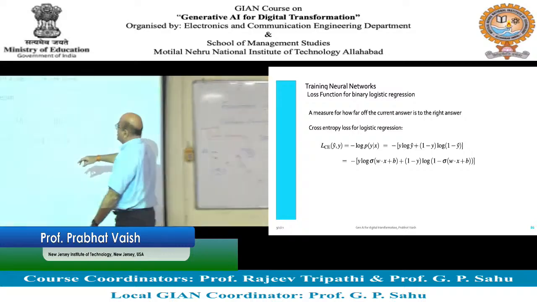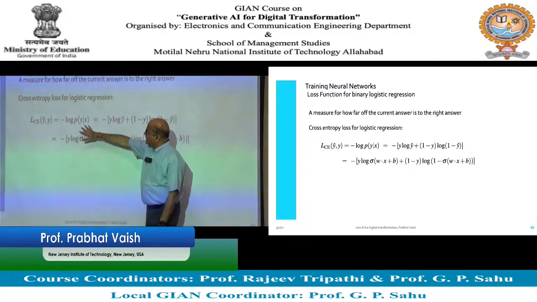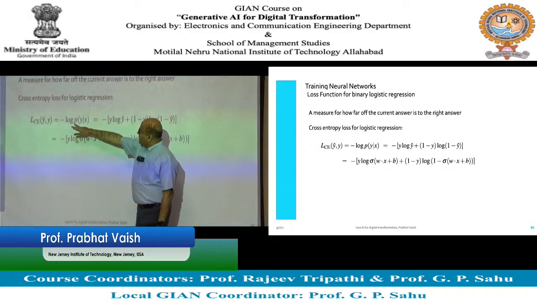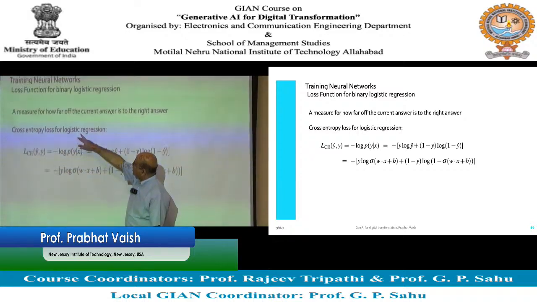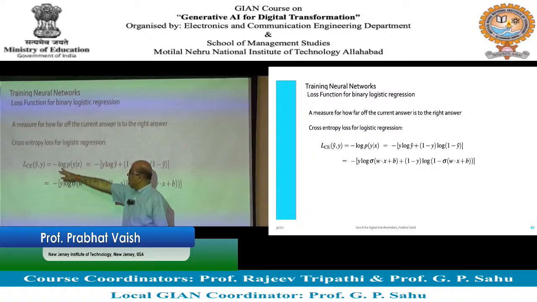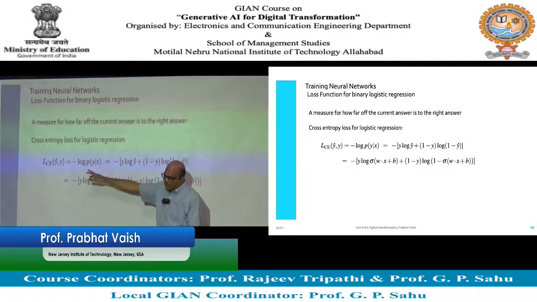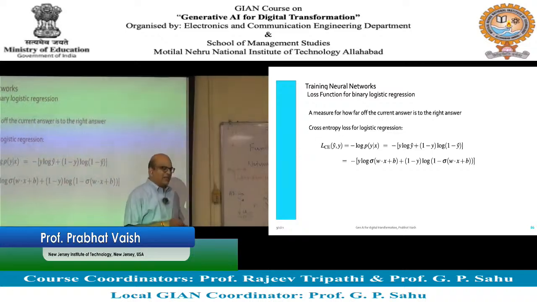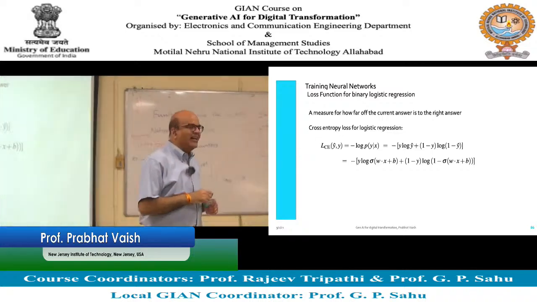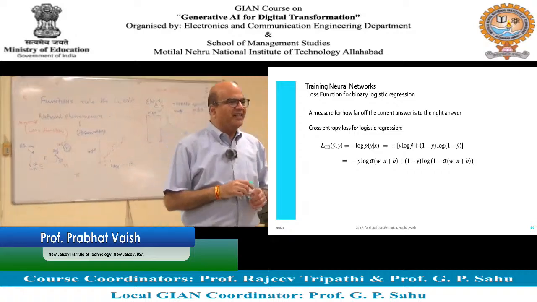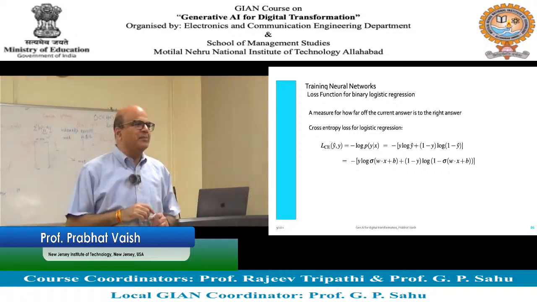So what we are trying to do here is to simplify the calculation by saying that our cross entropy for logistic regression is the negative of the log probability of y given x. So really speaking, this is a pretty complex thing. There's one more thing here. It's called Bayesian probability. How many of you have heard of Bayesian probability?